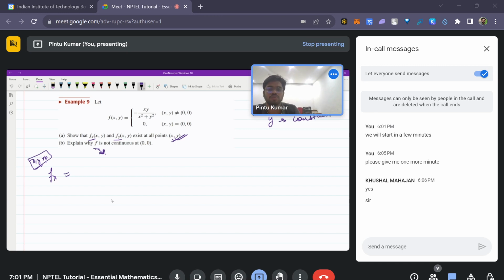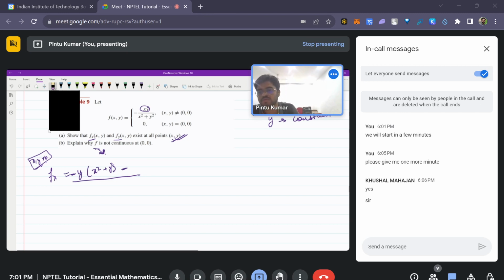The derivative of the top part with respect to x, that is y into x square plus y square, and there is a minus sign ahead of it, right? So this is minus in front of everything. Okay.